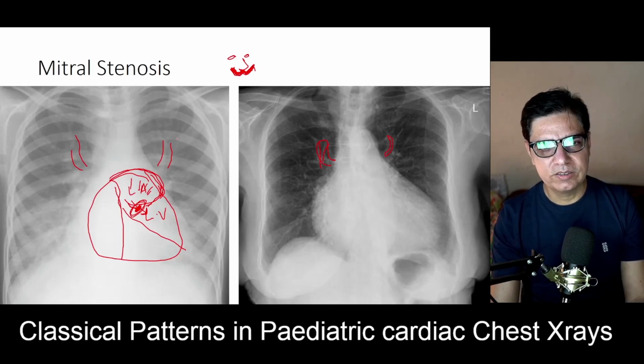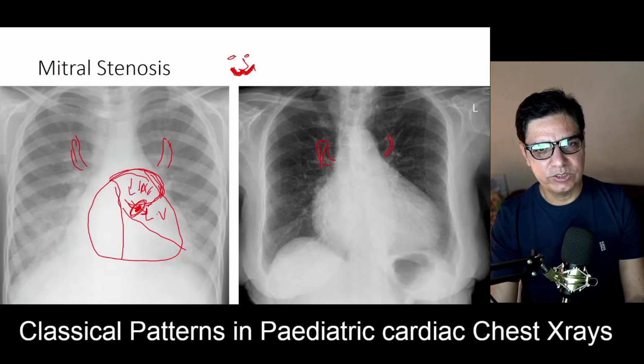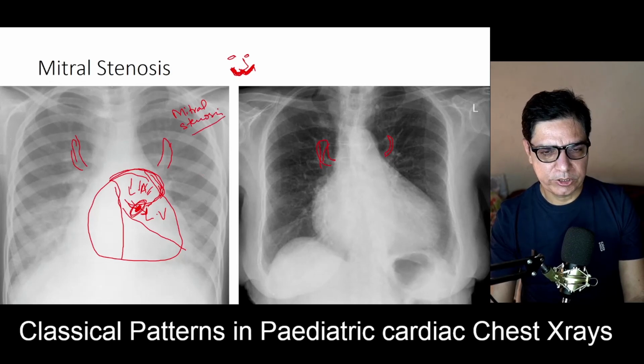So same thing, if you see the mustache or antler sign in the chest X-ray with congestion, this is one of the earliest signs that the child is developing mitral stenosis, and this mitral stenosis is causing backward pressure.